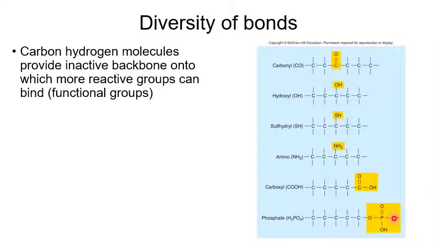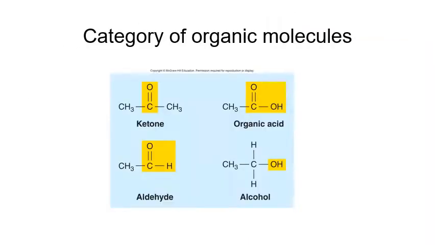So these different functional groups will yield different kinds of molecules. Ketone, we will see ketones throughout the semester. That has a carbonyl. Organic acids, you can see, have that carboxyl group.